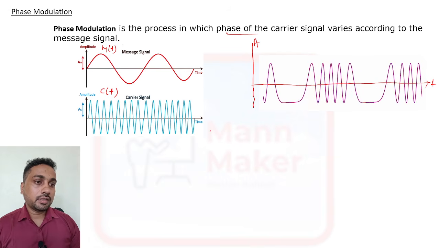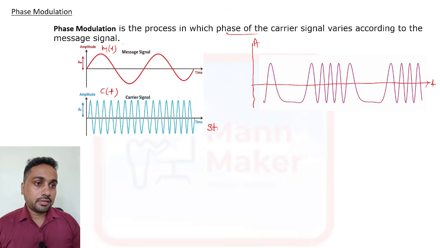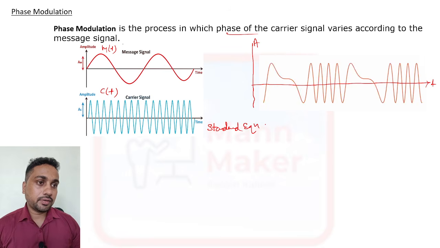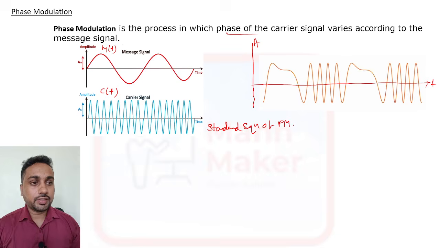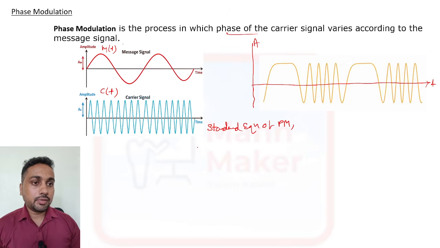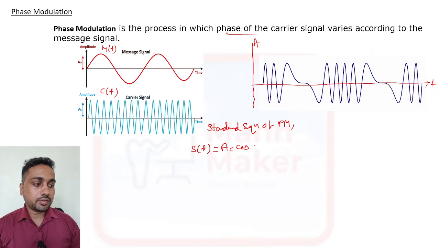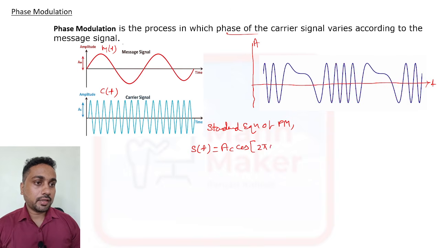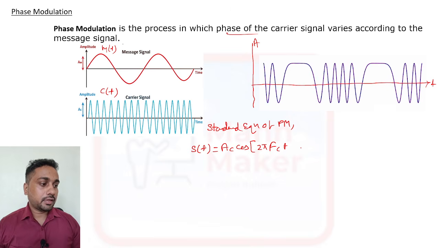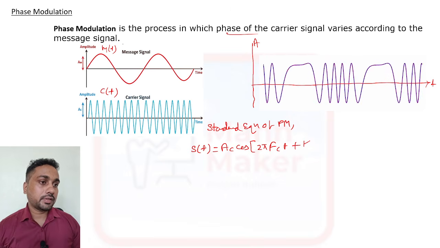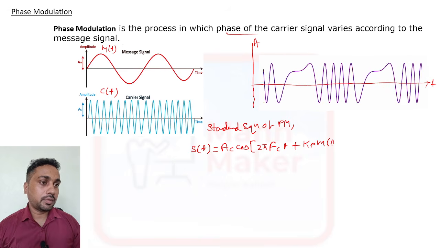S of t is what? The standard equation of PM, phase modulation, is S of t is equal to Ac cos(2 pi fc t plus Kp m of t).